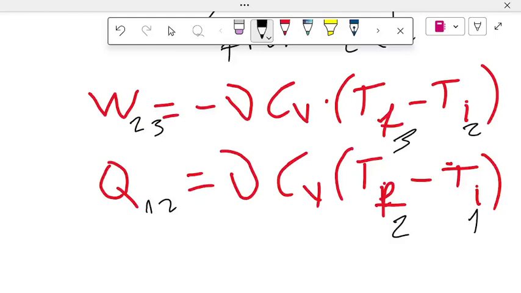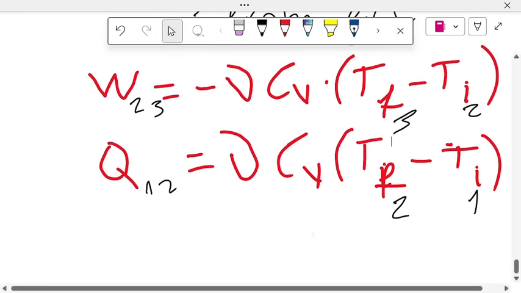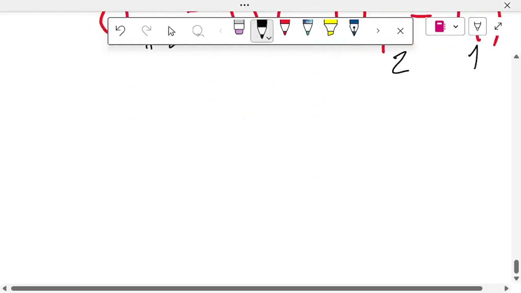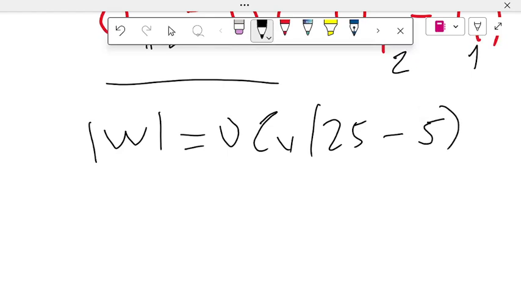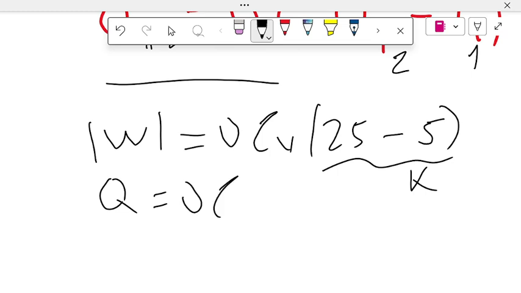Okay, let's take an example. In our case, we can write work done is 25 minus initial 5, and the heat is this, because the result here must be in Kelvin.